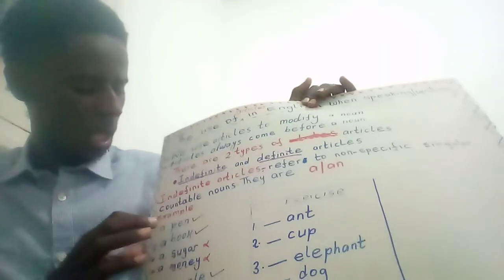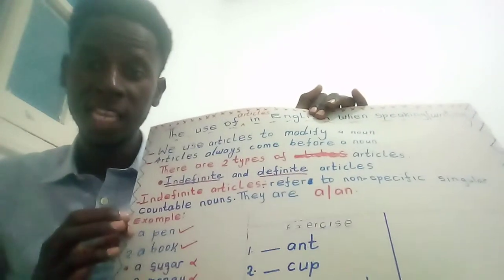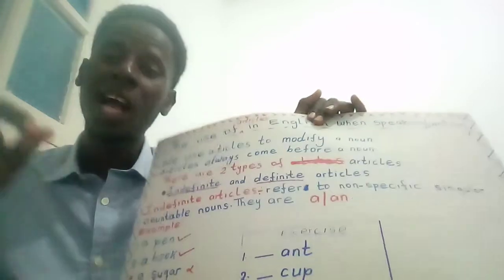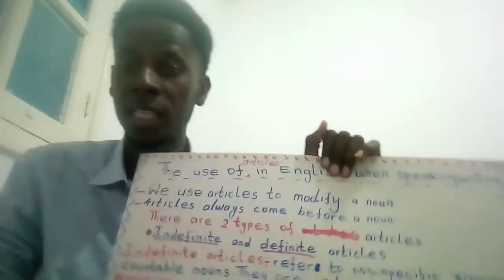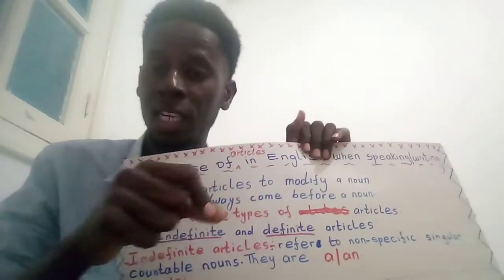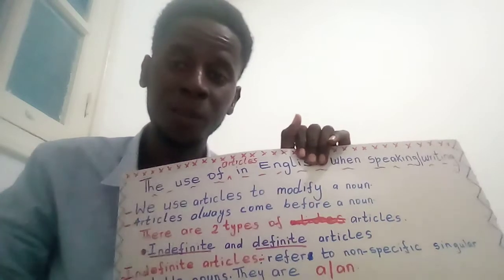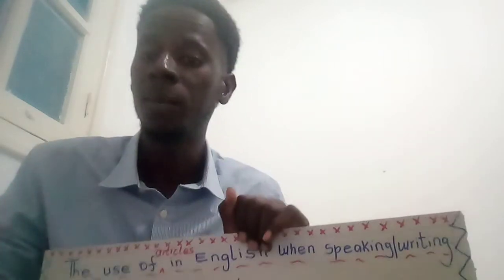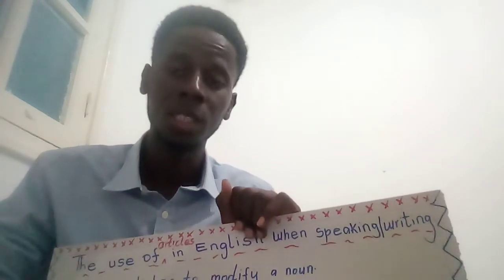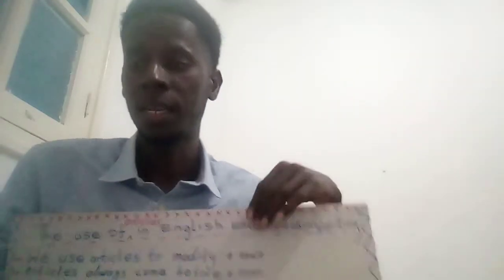Now, how can we use a or an appropriately? You don't just use them anyhow you want. There are rules which govern how to use them, where to fix them. So you need to be very careful in using the article a and the article an.